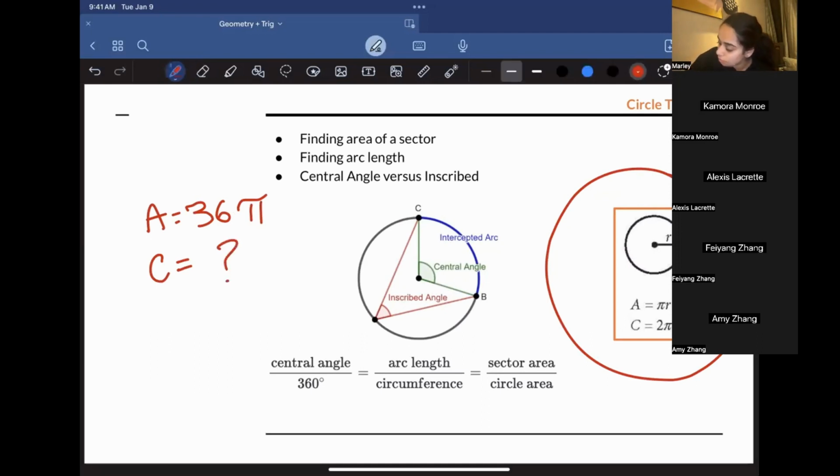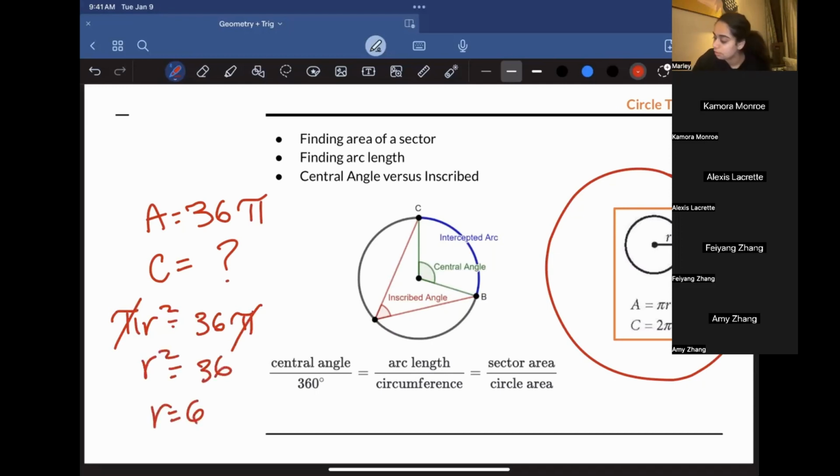Then you can go, okay, well, pi r squared equals 36 pi. Take out the pi, r squared equals 36, r equals 6. Then if we need to find circumference, we know the equation is 2 pi r. So we plug and chug: circumference equals 2 pi times 6 for r. We get circumference is 12 pi.